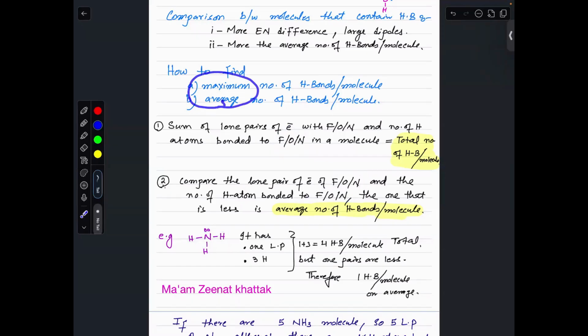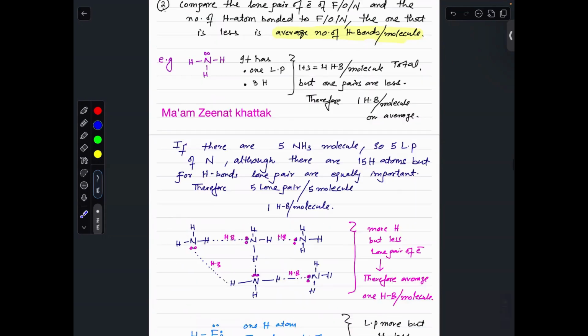The total number is the maximum number of hydrogen bonds. But among these, if the lone pairs are fewer, then that is the average. If the hydrogens are fewer, then they are the average. Here one lone pair is less than 3 hydrogens. Therefore, 1 hydrogen bond per molecule on average.